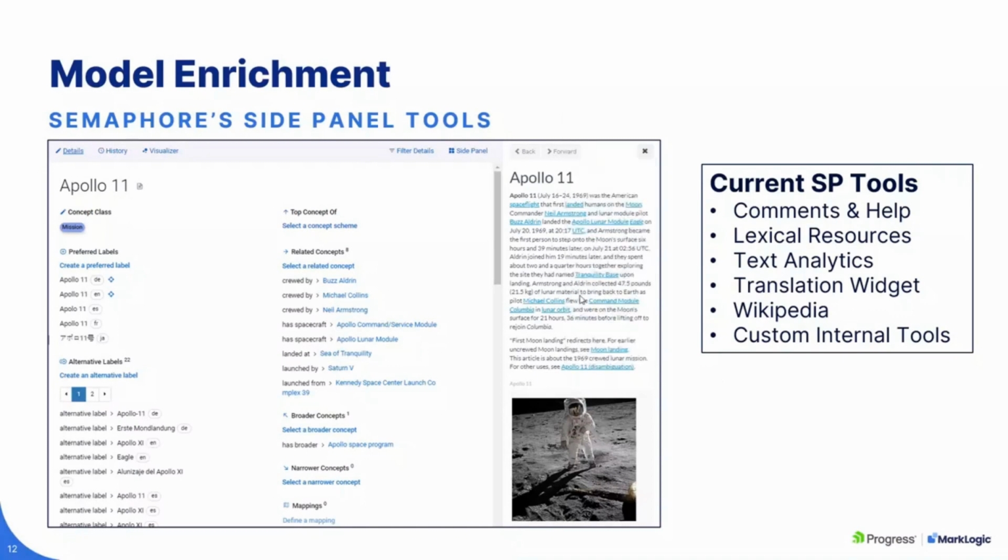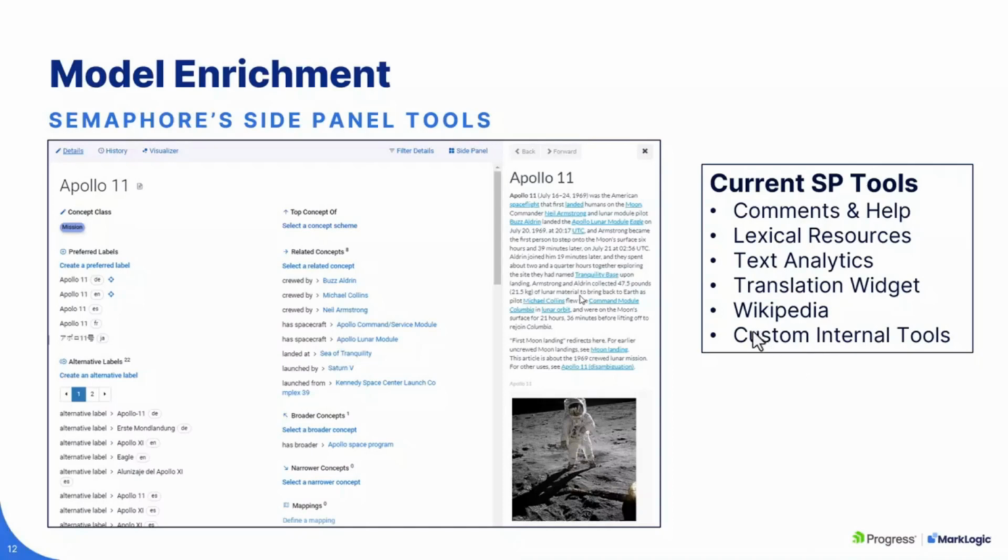We also have the translation widget, which basically will translate your preferred label and your alt labels into another language, so from English into Spanish or something like that. I'll demonstrate that. And then finally, the Wikipedia one, which we're looking at right here.